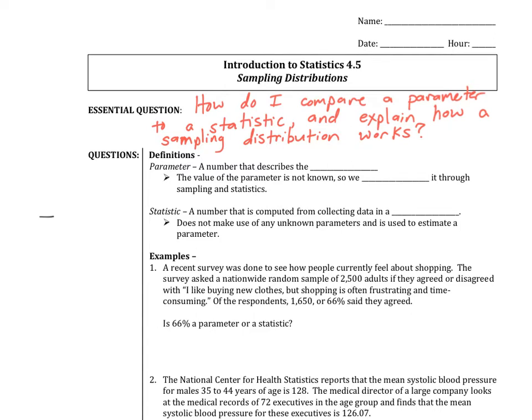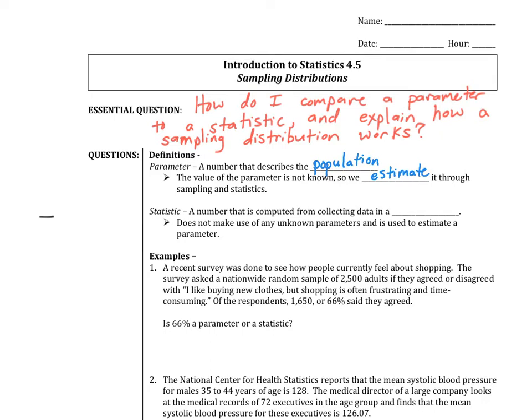A parameter is a number that describes the population. All right, so the value of the parameter is not known, so we estimate it through sampling and statistics.